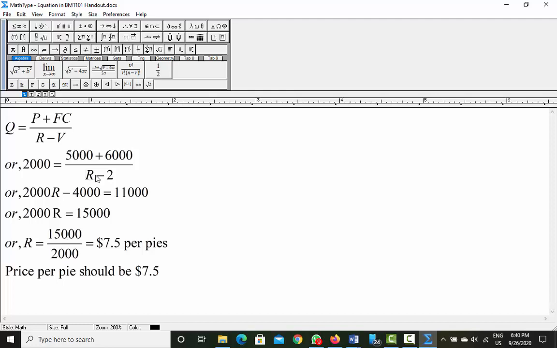The variable cost is 2. If you do cross multiplication and solve, the value of R will be $7.5 per piece. So price per piece should be $7.5.